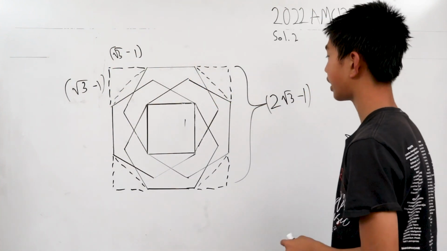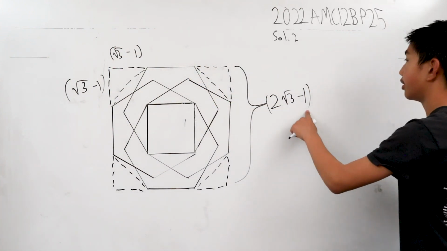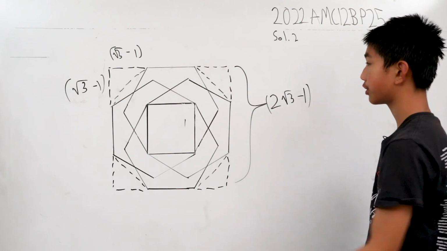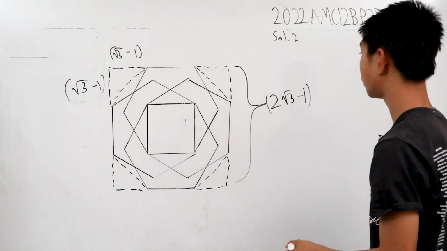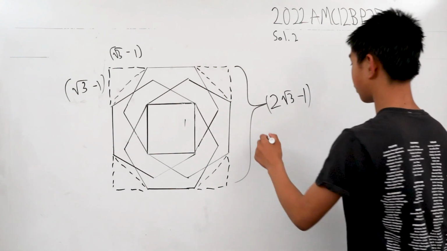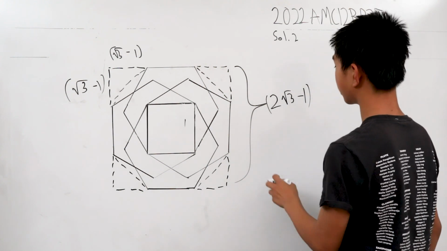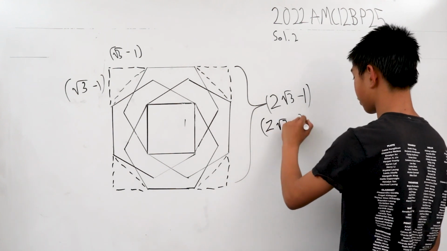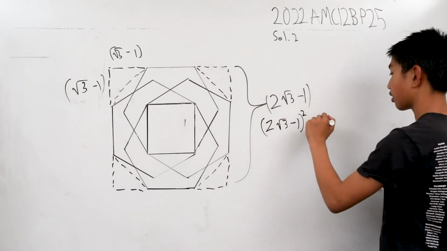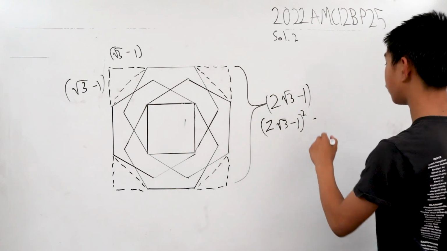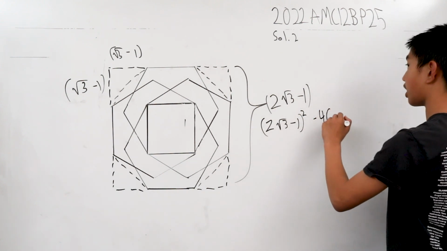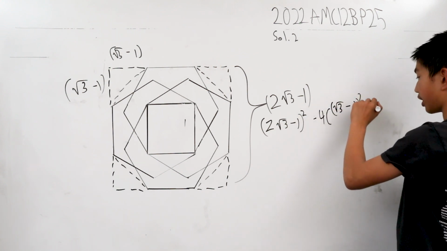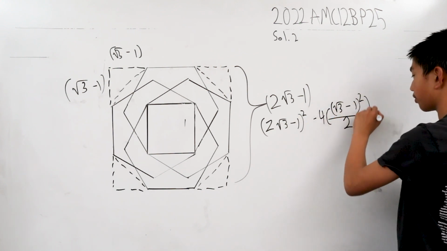So we have the area of the octagon, which is 2 times the square root of 3 minus 1 squared minus 4 of these little triangles. So 2 times the square root of 3 minus 1, it's the big area squared. And then you subtract 4 times square root of 3 minus 1 squared over 2.